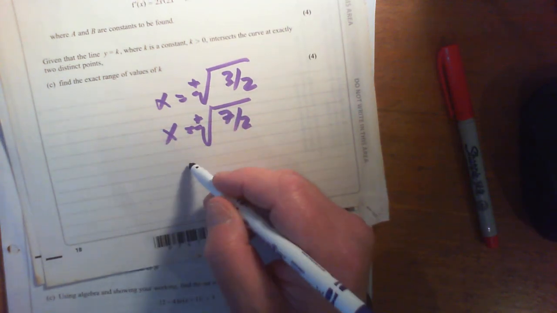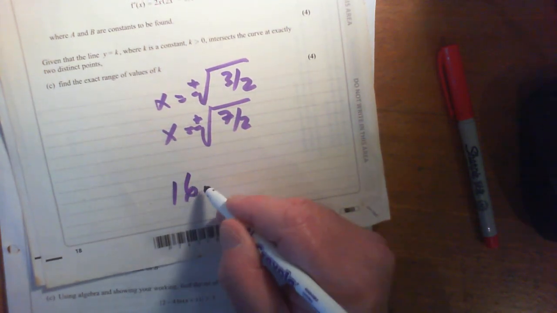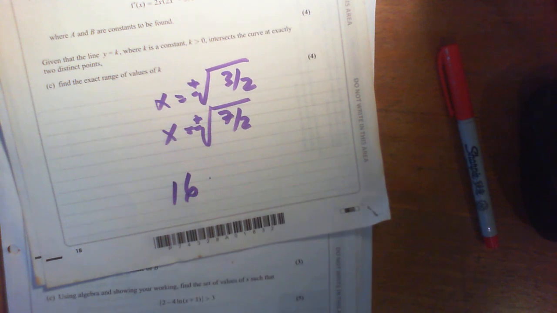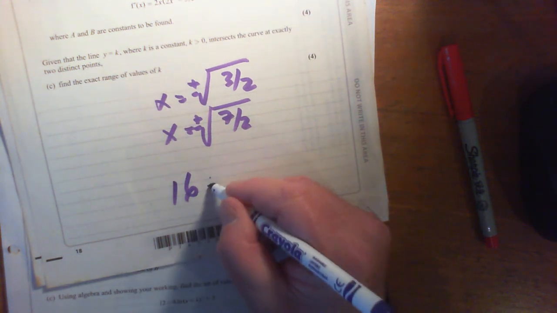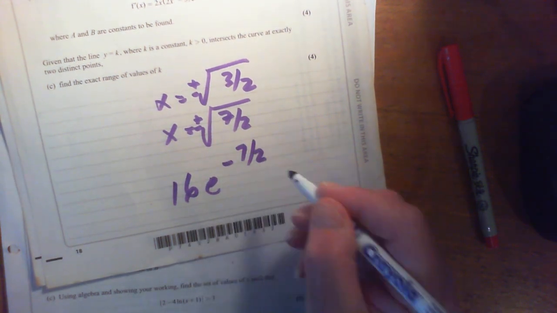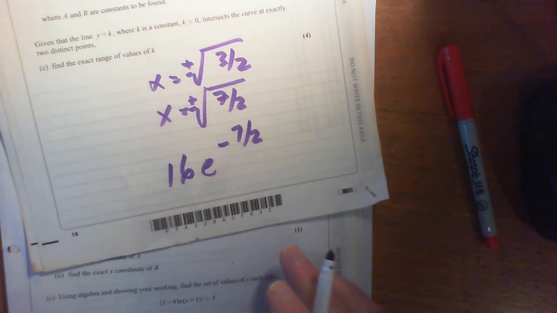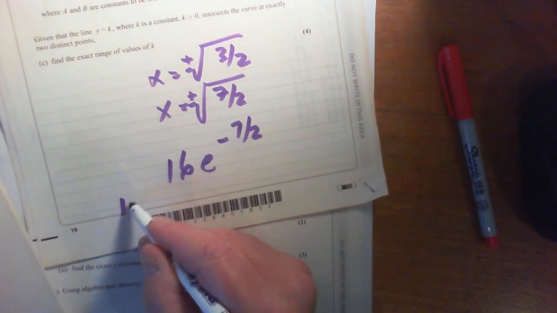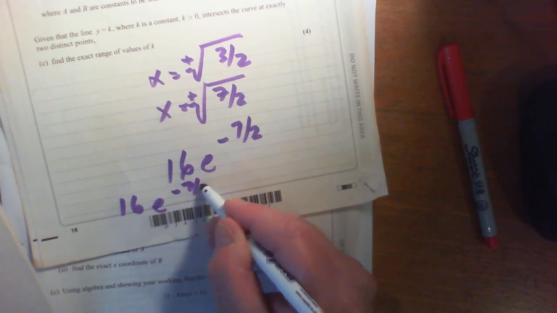And the actual answer that will crop out will be 16 minus 2.